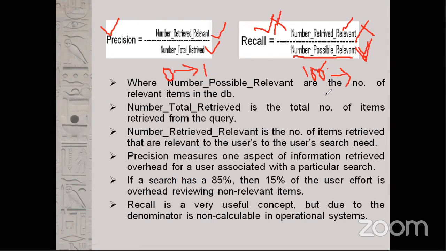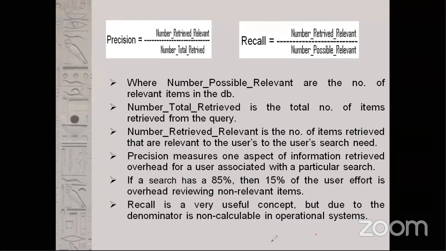To achieve 100% results from my IRS system, or to overcome the burdens we face with my IRS, we need to go with these particular measures: precision and recall. These two measures play the major role in an information retrieval system.